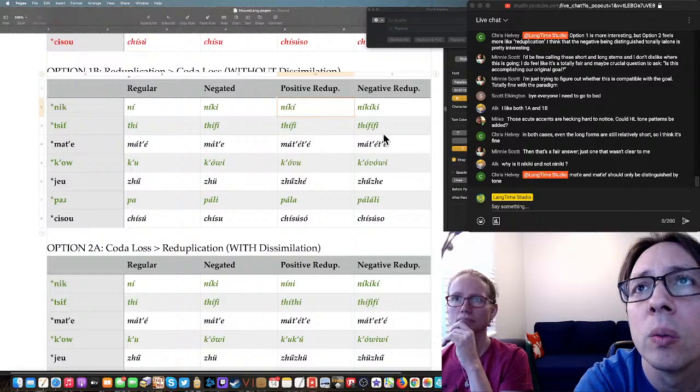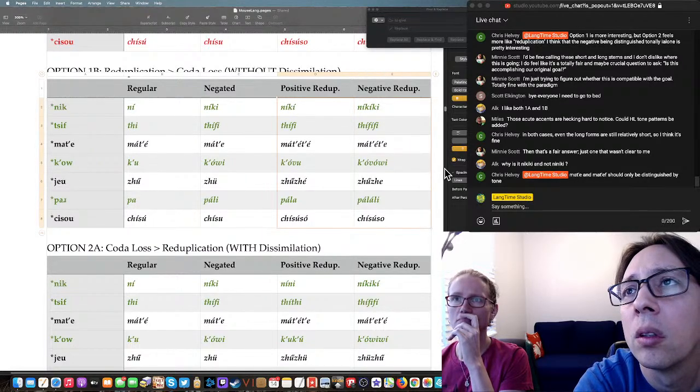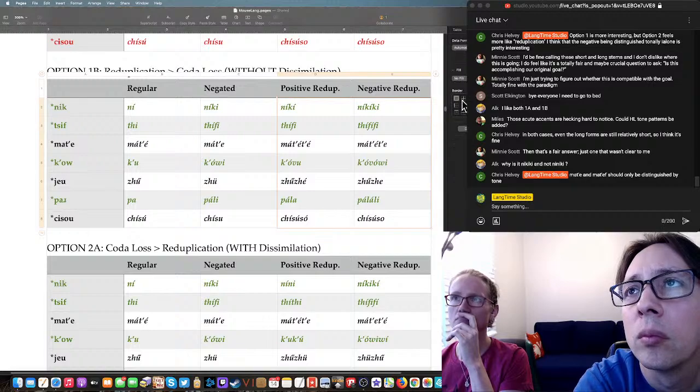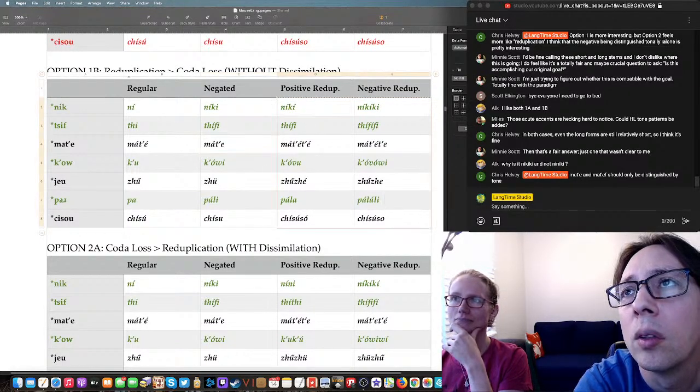This is what we can do. Oh, I like this, yes. And maybe make it a bit thicker so it's more obvious. How do you do a border?